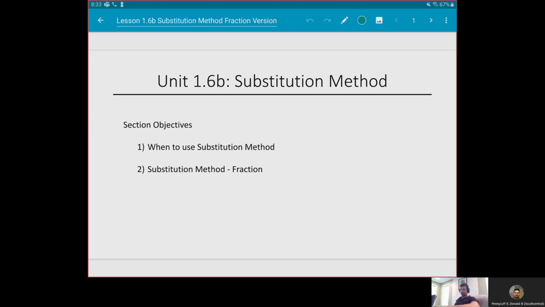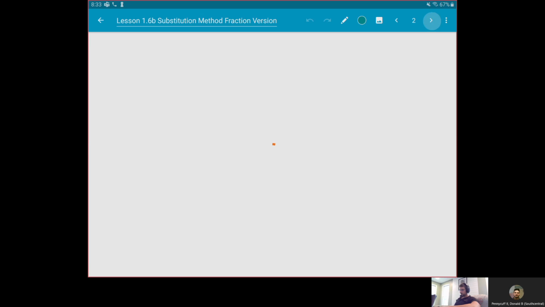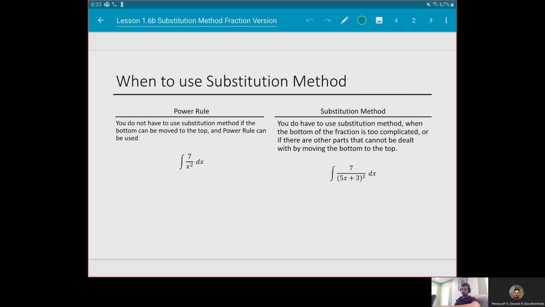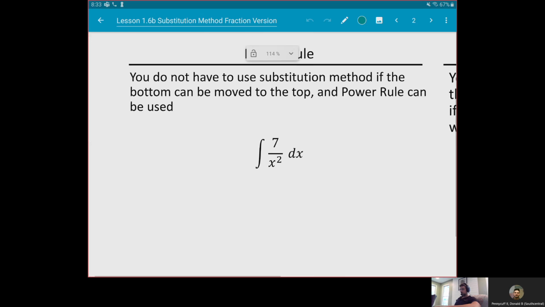Okay, now let's talk about the second situation that you can encounter when dealing with substitution method. And I'm trying to go in order of what I think you're going to encounter. So this one I think is going to come up on a fairly regular basis because in science and technology, fractions are pretty prevalent.